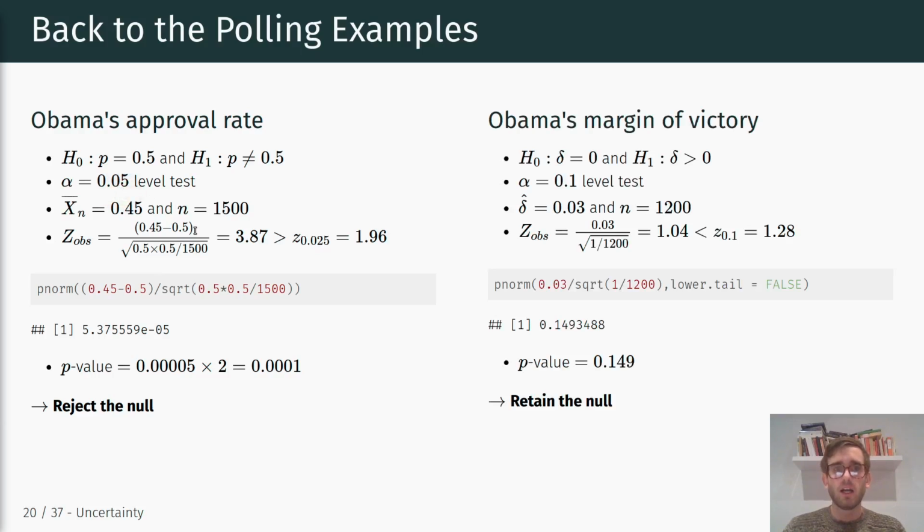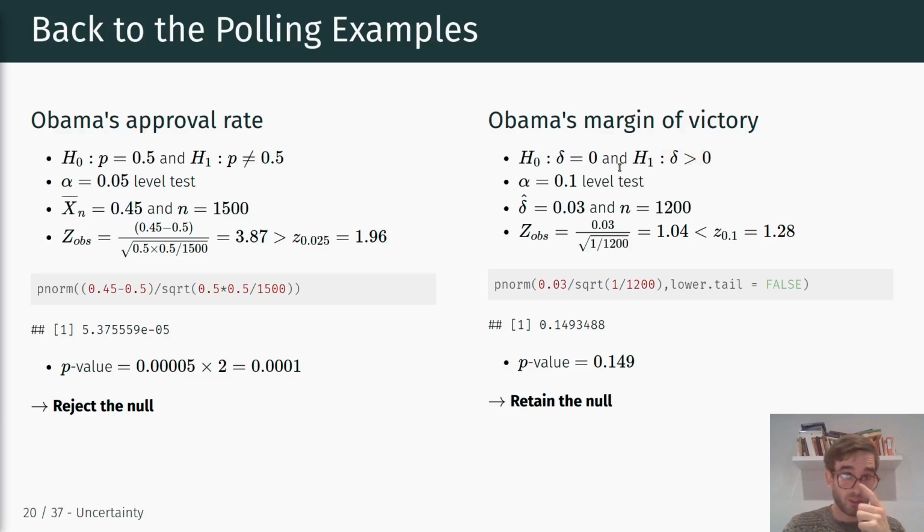Okay. Here's another example focused on Obama's margin of victory. Here we have a null hypothesis where the margin of victory is equal to 0, and the alternative hypothesis, now this is a one-sided test, is that delta, the margin of victory, is larger than 0.